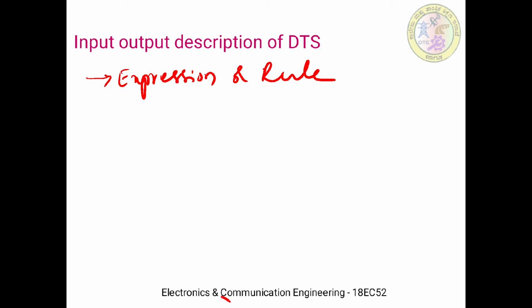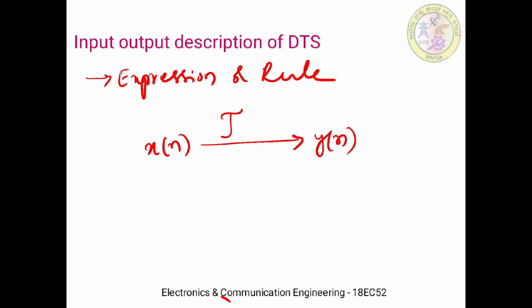Now, in order to reflect this particular aspect, we can use graphical representations, as shown in the previous slide. In general through an expression also we can describe it like this. For an applied x of n, after the operation T, the system is going to generate the signal y of n.